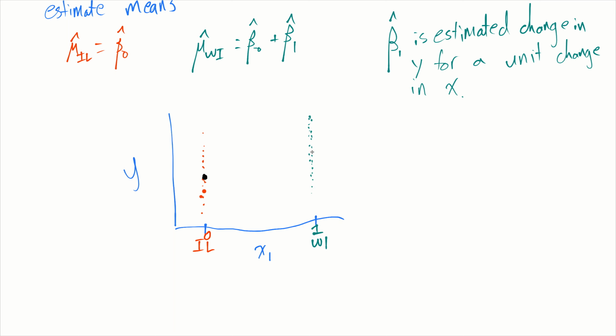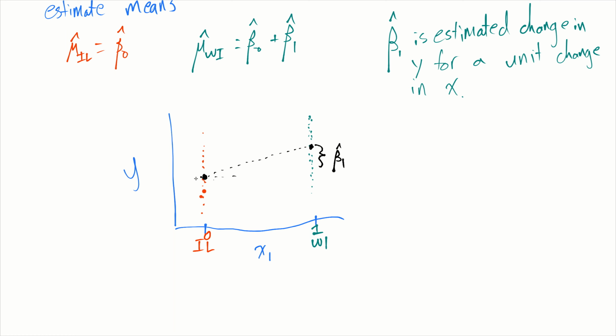And the sample mean, let's say, is up here. So if we were to create a line here, the slope of that line, the difference would be beta 1. Because this is a 1 unit change in x, and the rise would be beta 1. So this would be beta 1 hat, our estimate of the yield.